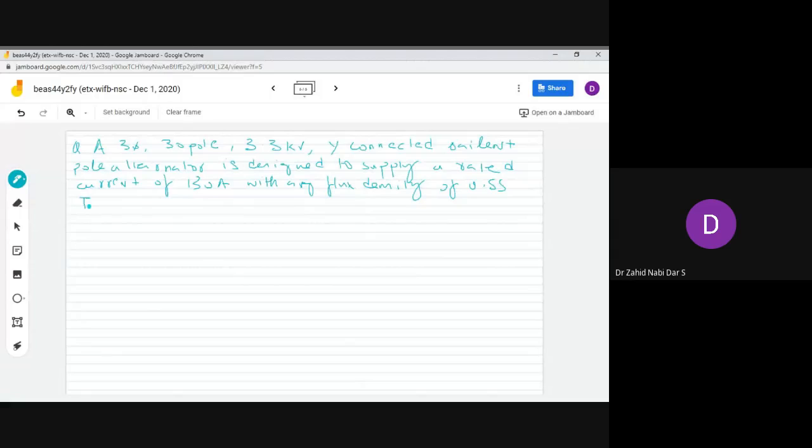And the specific electrical loading of 3000 ampere conductors per meter.